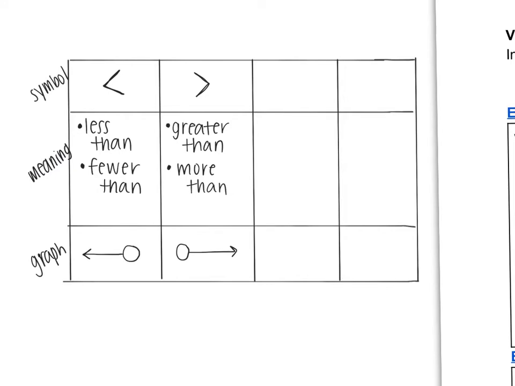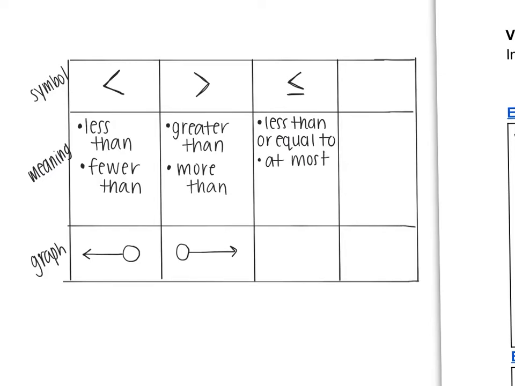2 more symbols. The next one is less than or equal to. So it's a less than symbol with a line underneath it. That represents less than or equal to. So under meaning, let's write less than or equal to. You might also hear at most, right?